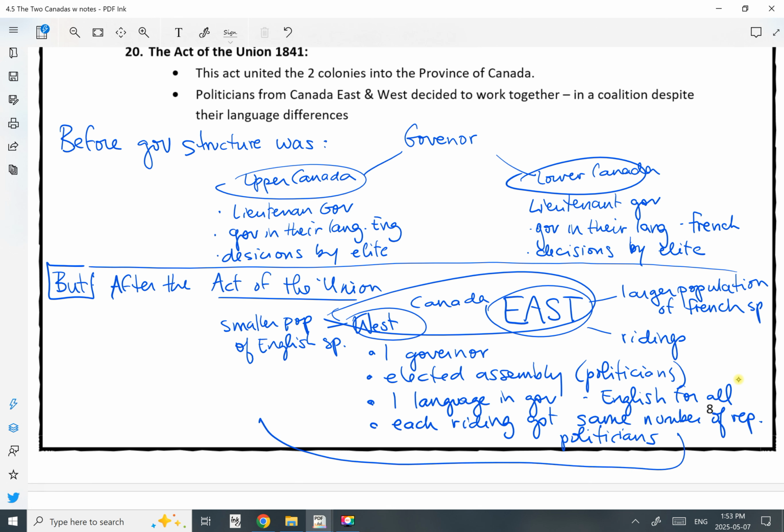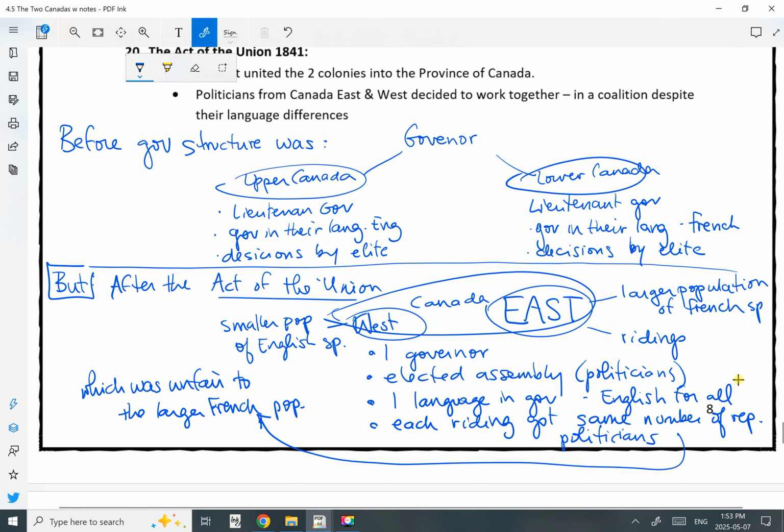And then I would put down over here, which was unfair to the larger French population. For example, let's say as an example that maybe you've got 100,000 people over here, and maybe you've got 75,000 people over here. But you've got one politician, and their votes are equal. And now it's in French.